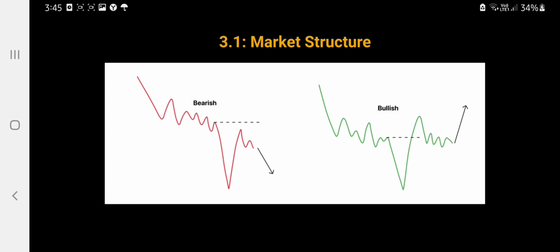So on a very surface level sense, if you're making lower lows and lower highs all the way down here, so each time you're making a new low, you're making a new lower high, a new low, a lower high, a new low, a new lower high. Doesn't matter how much the bounce looks or how strong the bounce is. If it doesn't break above this dashed line, which is the previous high, it remains bearish.